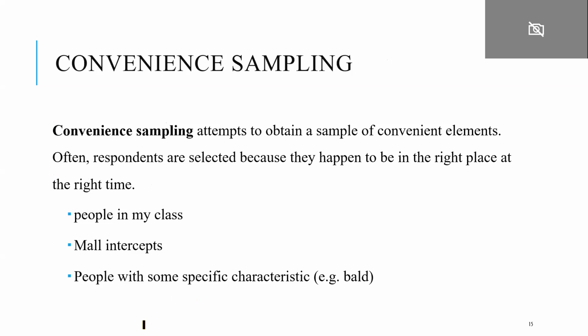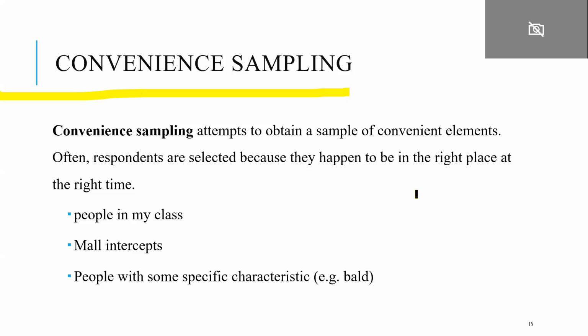The first type of sampling that comes under non-probability sampling is convenience sampling. Convenience sampling attempts to obtain a sample of convenient elements, meaning the elements which are conveniently available to the researcher, like an individual in a street, or you are collecting data from your family members. As per the objective, if you want to conduct some study on adolescents or children, the children in your family, you can collect data.